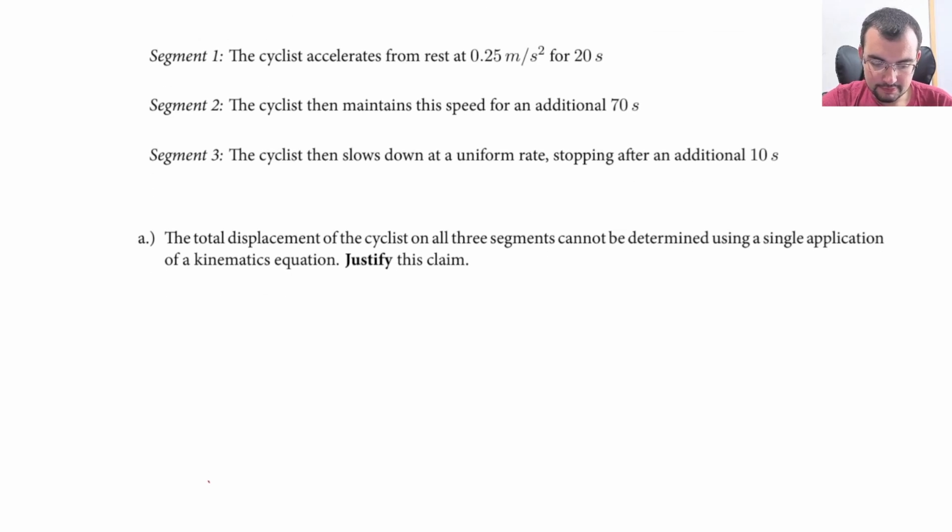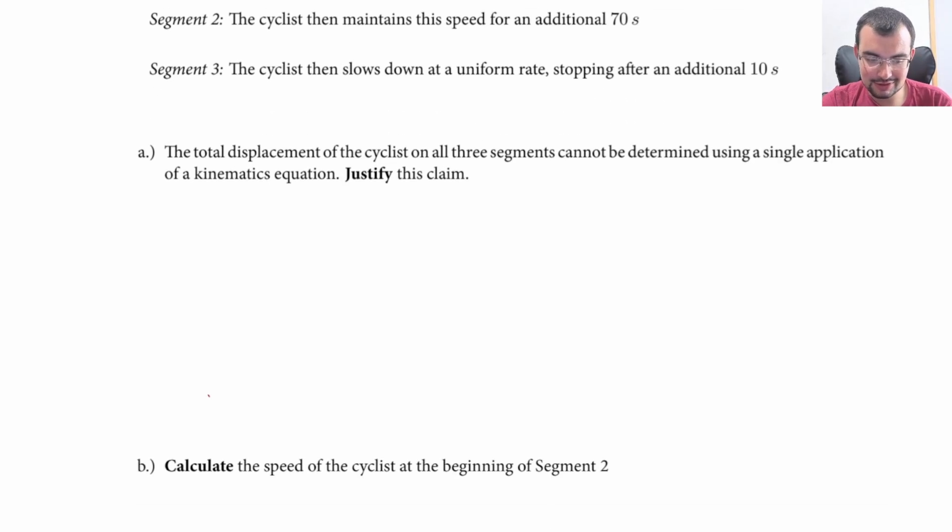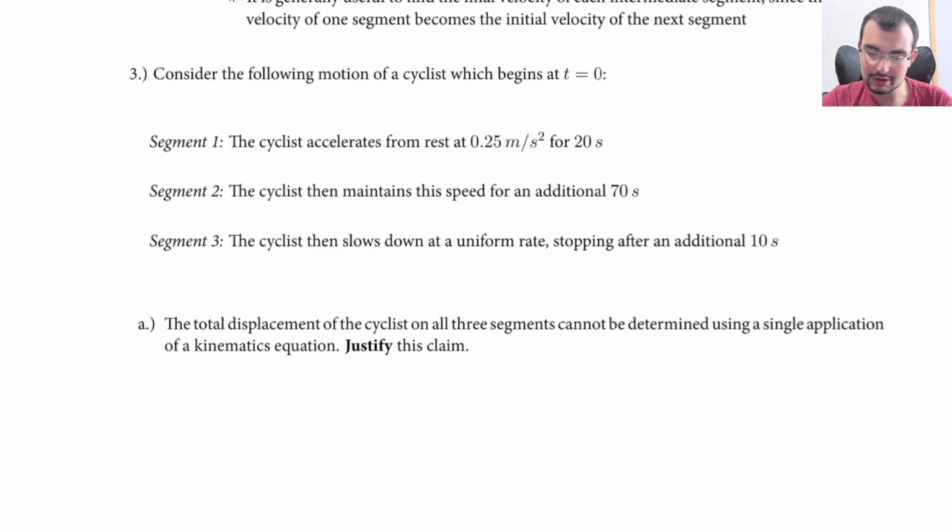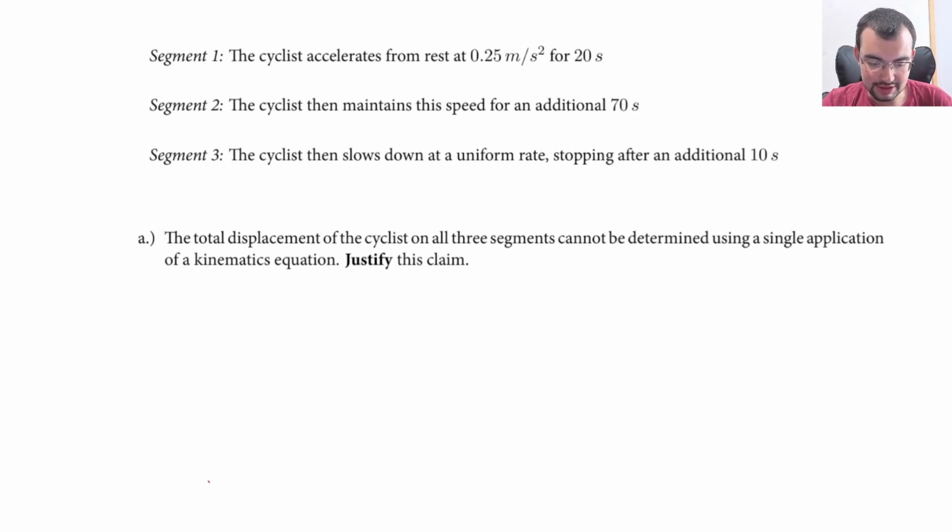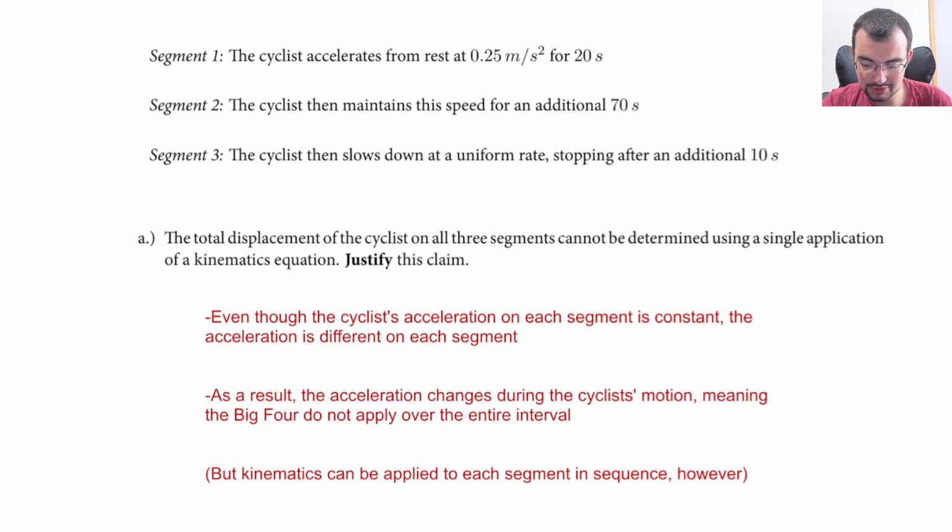So it says that we actually can't find the total displacement using kinematics once, but I see constant accelerations. So why is that true? Well, yes, it's true that this is a constant acceleration. This is a constant acceleration of 0, and this is a constant acceleration. They're not the same constant acceleration. So we have to do 3 separate kinematics applications.